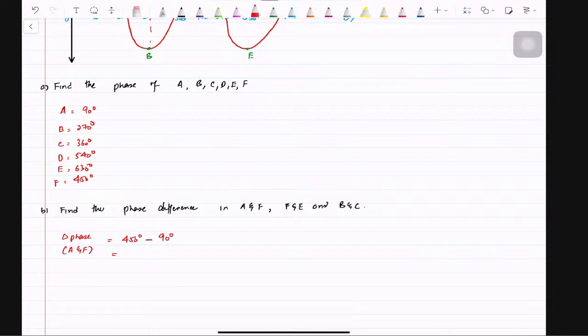So we get 360 degrees, which means between these 2 points there is a difference of 360 degrees. And then the phase difference in E and F: F is 450, E is 630. So 630 minus 450. So you always do the bigger minus smaller. And that's going to be 90 degrees. Sorry, 180. My bad.